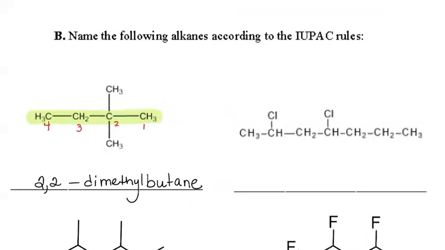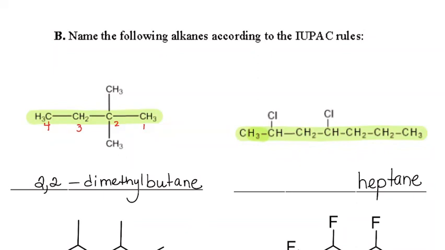What about the next one? Longest carbon chain. How many carbons? Awesome. 7. So if we have 7, what is the name of that parent chain? That's the last word in our name. Great job. What is the name of my substituents?